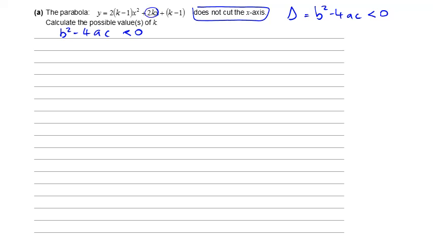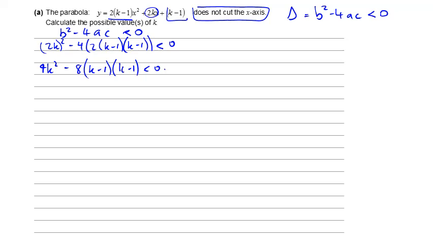So here's b squared minus 4 lots of, there's a, 2k minus 1 lots of c, k minus 1, less than 0. So 4k squared minus 8, k minus 1, k minus 1, it's less than 0.